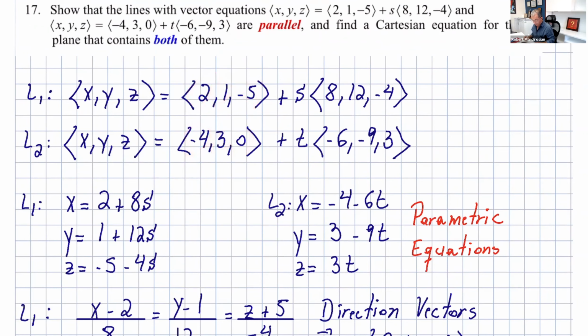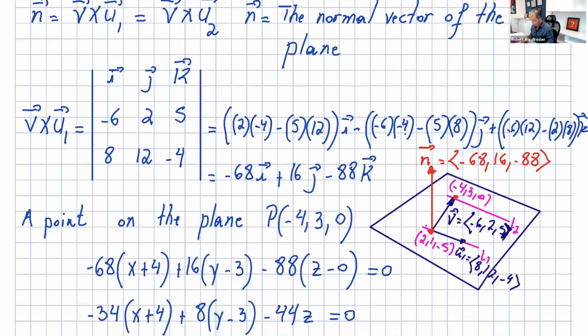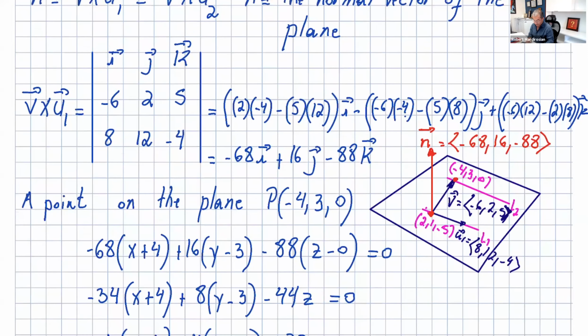Those are the components of the vector that connects these two points. Then we take one of the direction vectors, and if you cross multiply these two vectors, the result will be a vector perpendicular to both of them. That's just a normal vector of the plane. And I did the cross multiplication here.